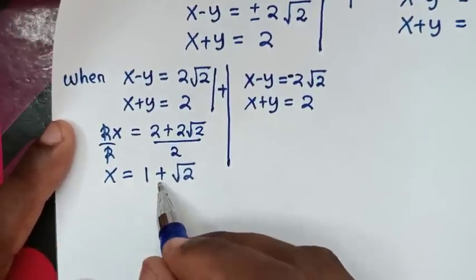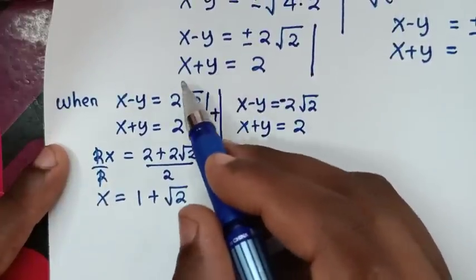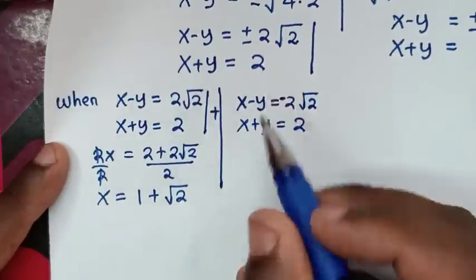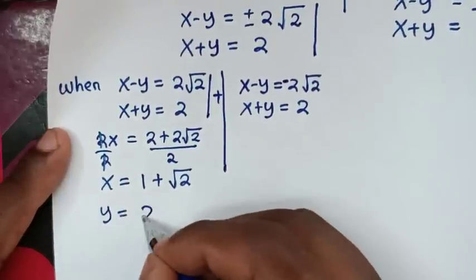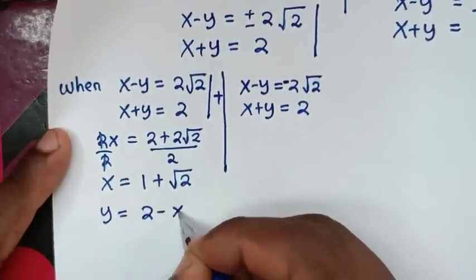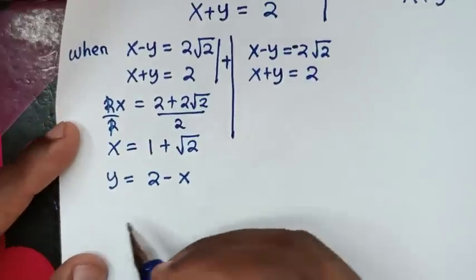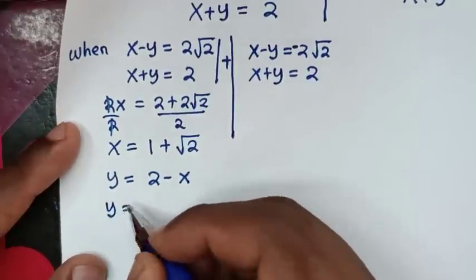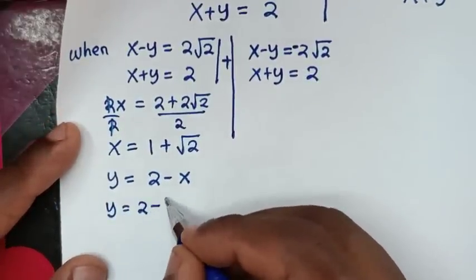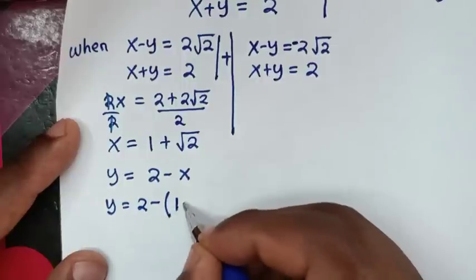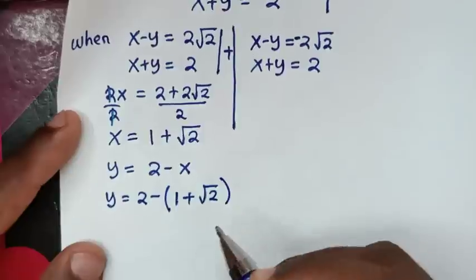Now to get the value of y here, we'll take x to this side. So it will be y is equal to 2 minus x. Then y is equal to 2 minus x, it is this, so it will be 1 plus square root of 2 bracket.